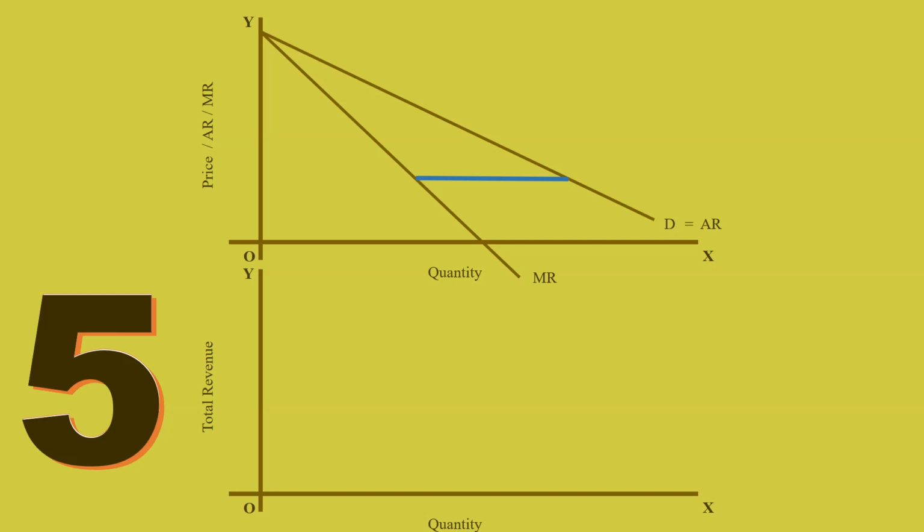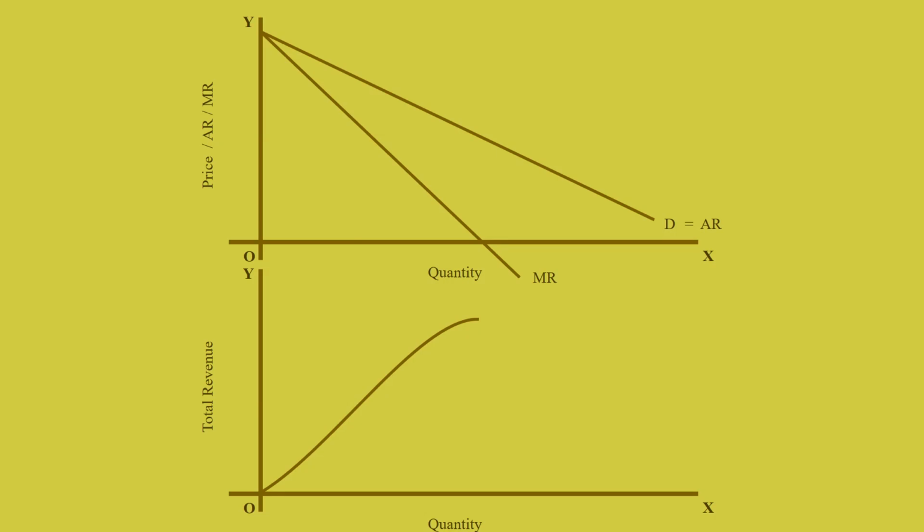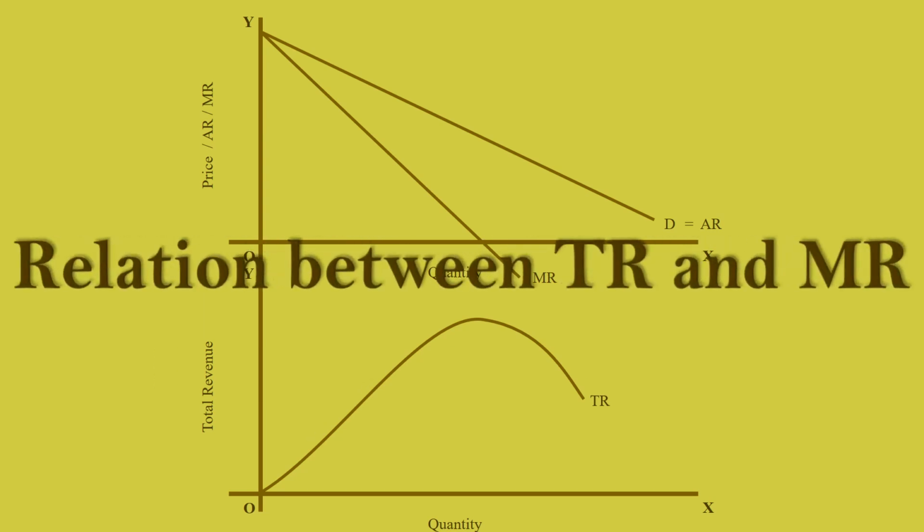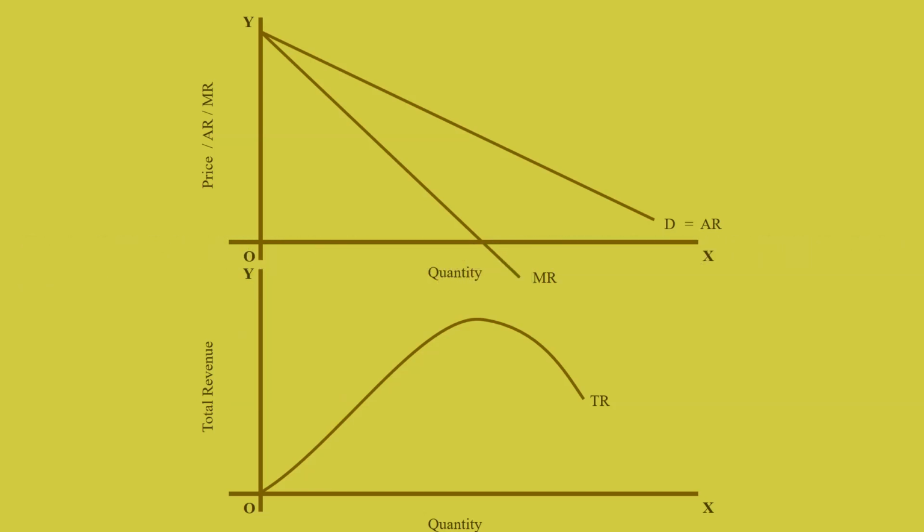Now we shall fix the total revenue curve. As the quantity sold increases, the total revenue increases first. After reaching the maximum, it falls. As average revenue and marginal revenue are different, we shall discuss the relation between total revenue and marginal revenue first. 1.